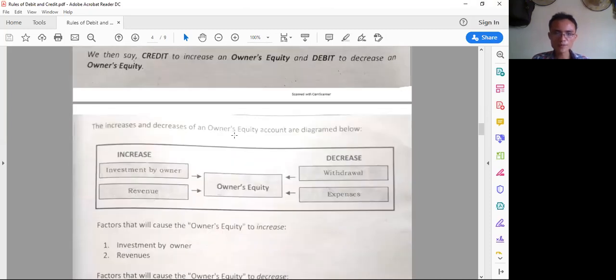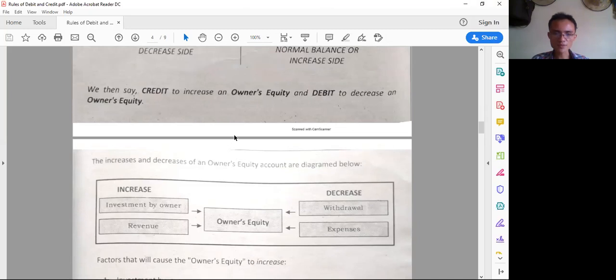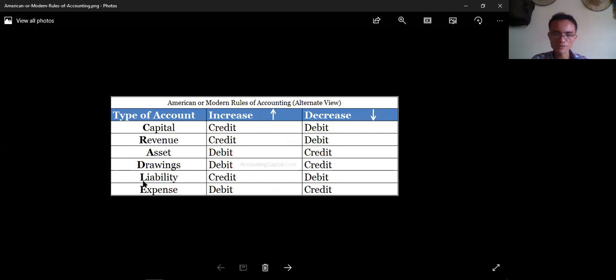The next one would be the impact of other accounts to owner's equity. Because actually, guys, if we are going to summarize, there are six accounts that we can think of. Oh, it's a different arrangement here. It's from American or modern rules of accounting. So you have your asset, and then you have liability and capital.